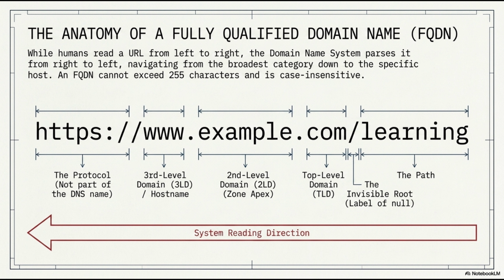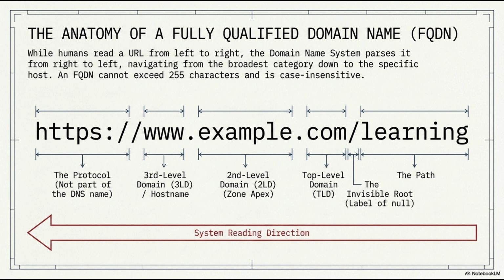Let's examine the structure of a fully qualified domain name, or FQDN. Using the example www.example.com, we can identify several components. The root domain is represented implicitly by a dot at the end. Below the root is the top-level domain, or TLD, such as .com.